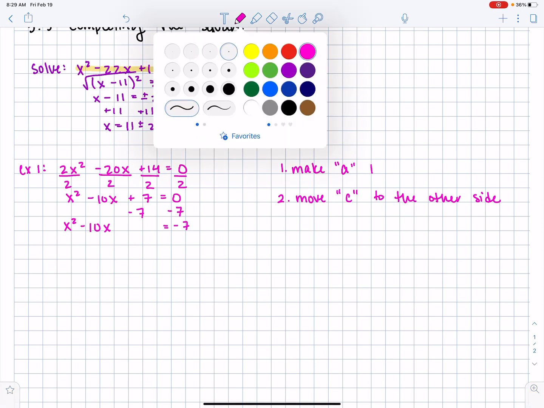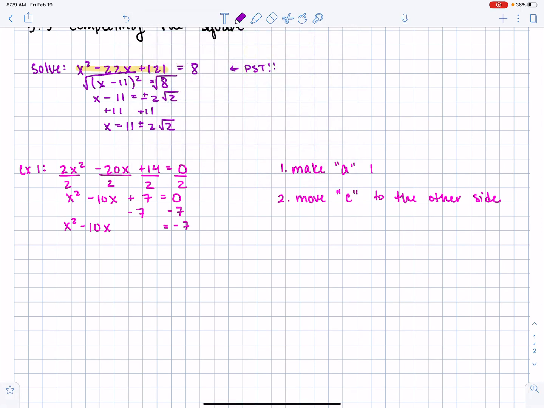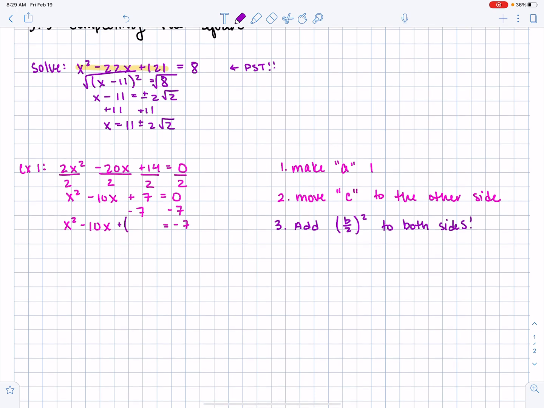And here's the most important part. This is the completing the square part. We are going to add half of b, so b over 2 squared, to both sides of the equation. For us, b is negative 10. So we're going to add negative 10 over 2 squared, and of course you need to do that to both sides.